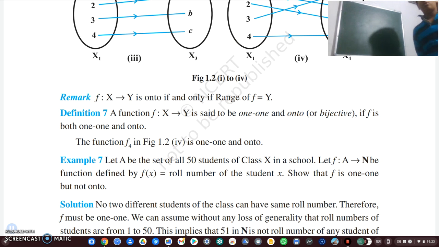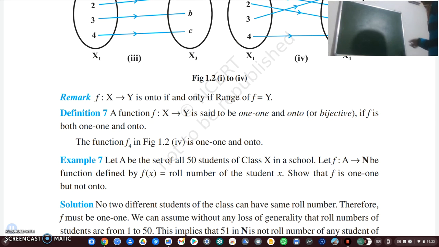Okay, onto is simply when range is equal to the codomain. It is not necessary that range would be codomain, but if it is given that range and codomain have an equal number of elements, then it is onto.